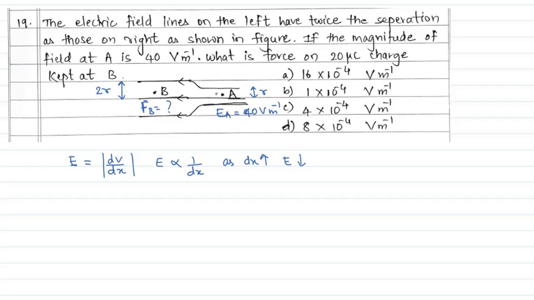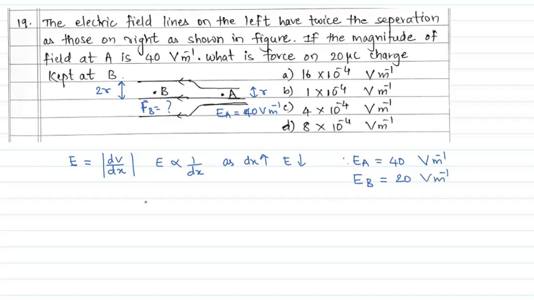Or you can say the closer the lines, the electric field is stronger. The farther the lines, the electric field is weaker. So as the distance is doubled, the electric field gets halved. Therefore, EA is 40 volt per meter, so the electric field at B will be half of this, 20 volt per meter.